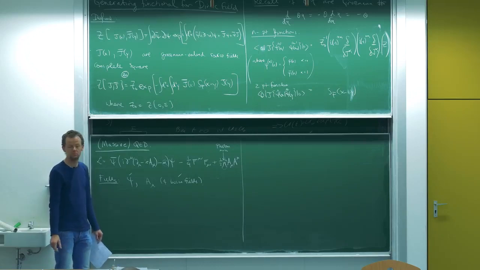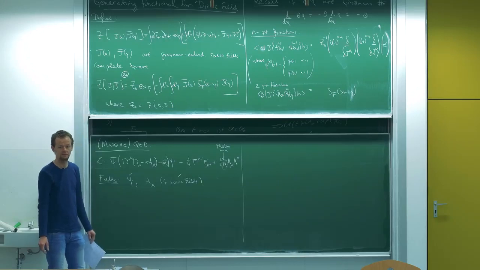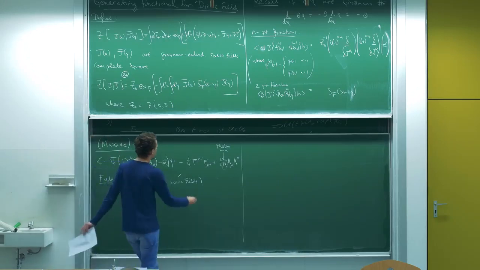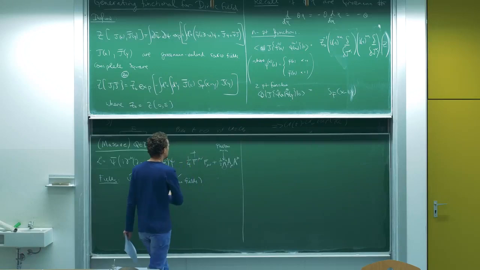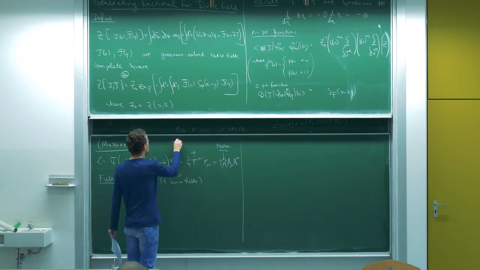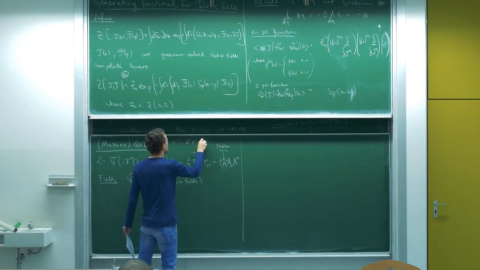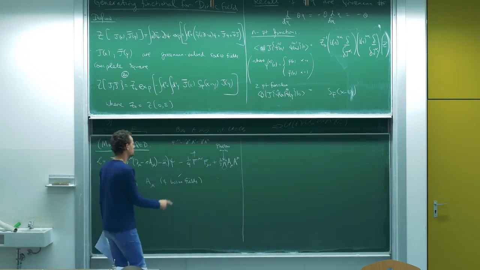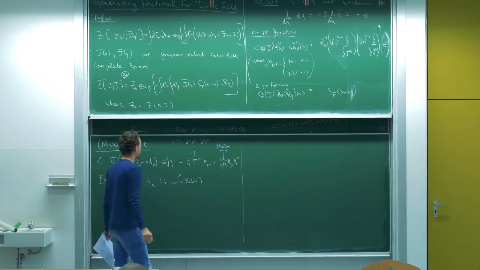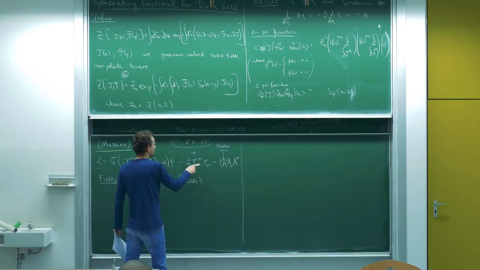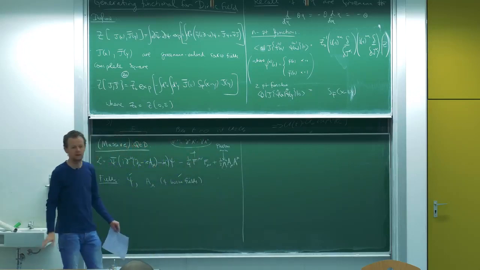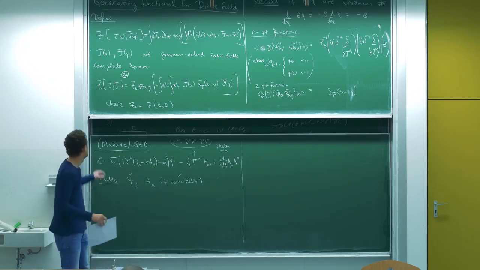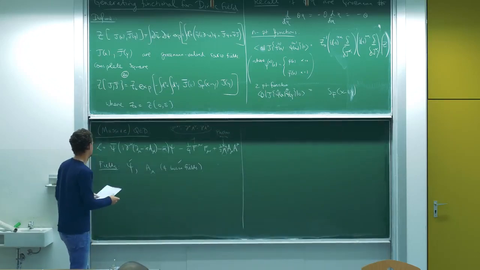So why don't we just write down a path integral quantization recipe for this theory? Maybe it works. Oh, I assume you know what F mu nu is. Right. I've got the quarter there, so I think that's correct. So this is some second order thing. Good. How would we quantize this?